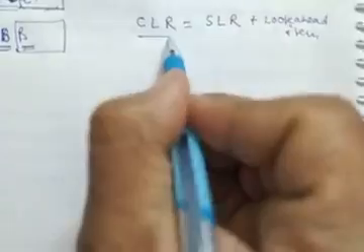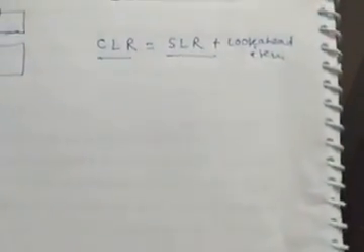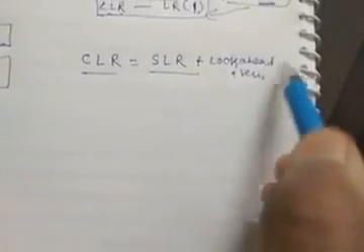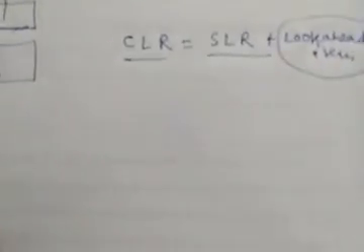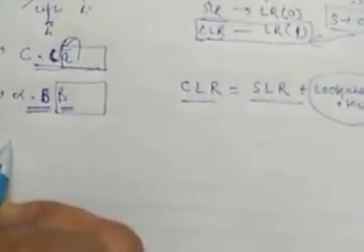For CLR parsing we parse like SLR parsing, but it also has a look ahead item. So CLR parsing is equal to SLR parsing plus look ahead item. For that, we find the look ahead item for every production.